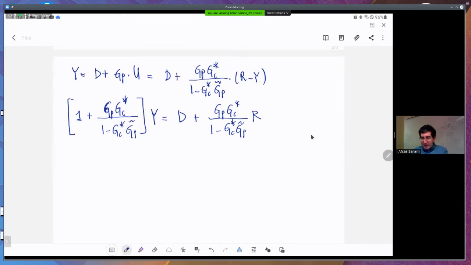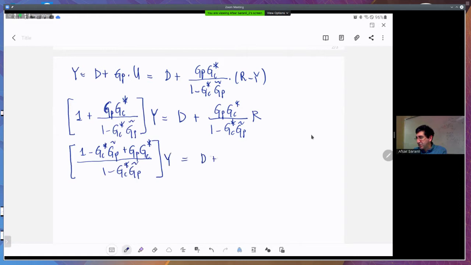let me write this again like this. I have in the numerator 1 minus GC star GP tilde plus GP GC star over the denominator 1 minus GC star GP tilde, Y being equal to the same expression.